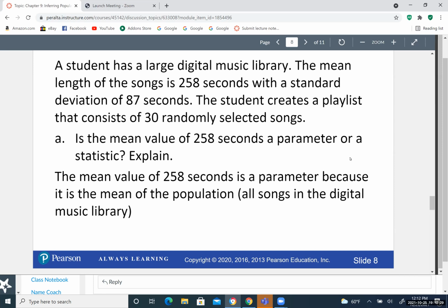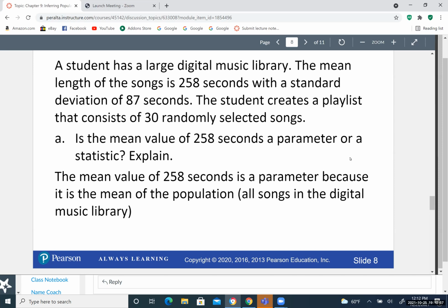You can see that the mean value is about a student who has a large digital music library. The mean length of all the songs is that amount, with a standard deviation of 87 seconds.